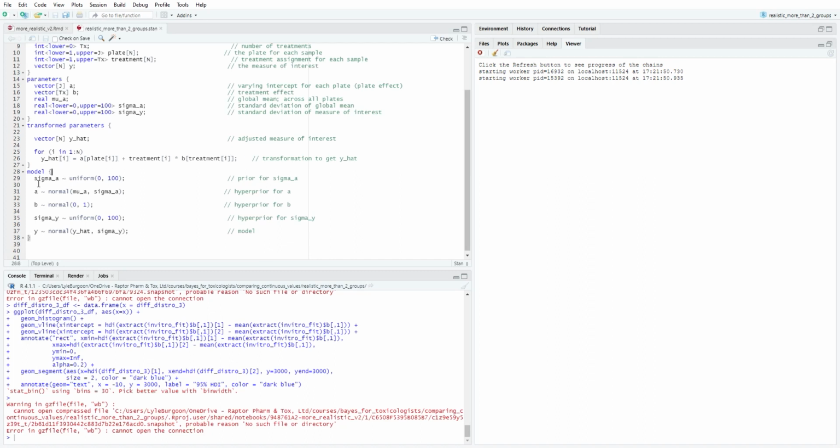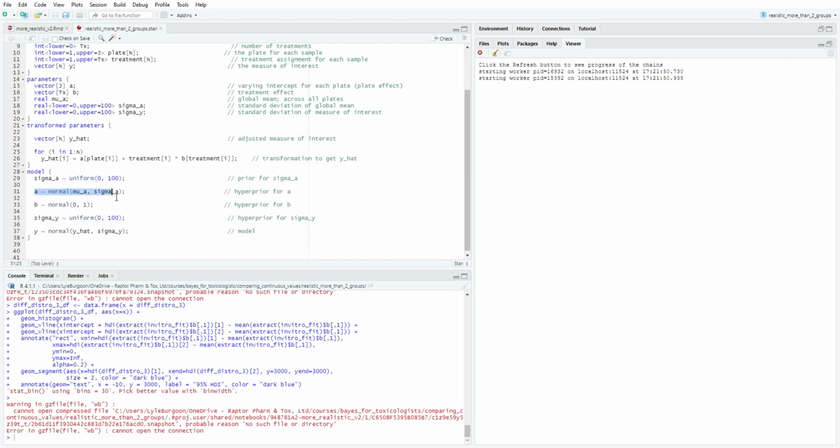In terms of our model, we have a prior for sigma A, that it's a uniform distribution spanning from 0 to 100. And all values have equal probability. This is what we call a flat uninformative prior.